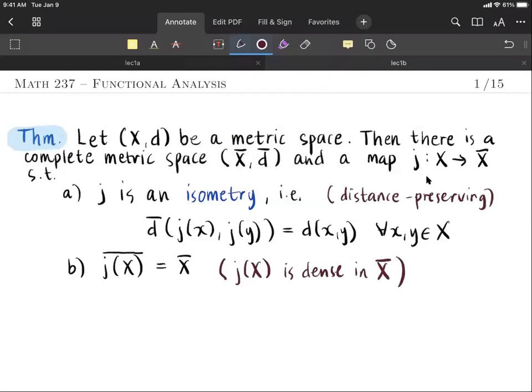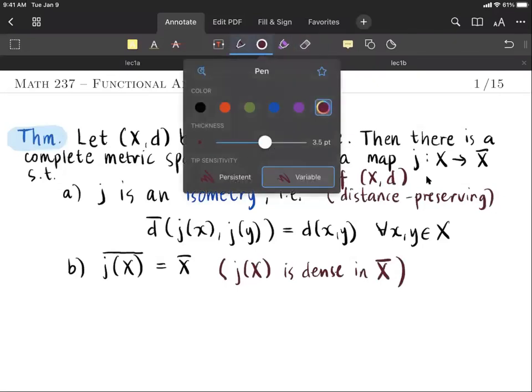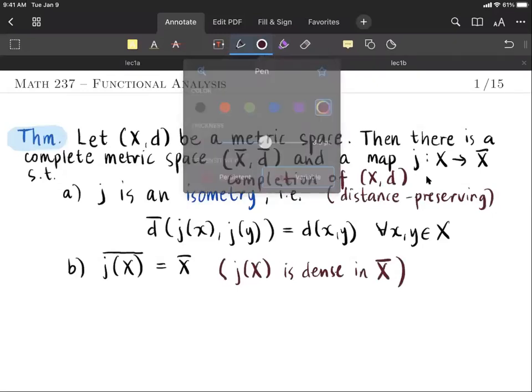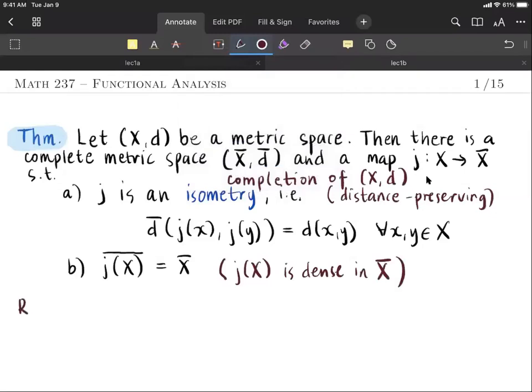In this way, this is called the completion of your metric space (X, d). Okay. So before looking at the proof, let us consider the following remark.